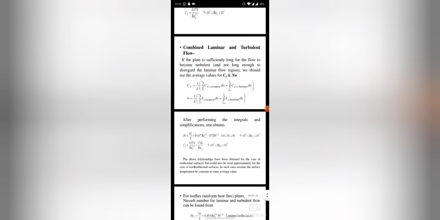Further, we have the combined laminar and turbulent flow. It states that if the plate is sufficiently long for the flow to become turbulent and not long enough to disregard the laminar flow region, we should use the average value for Cf and Nu.